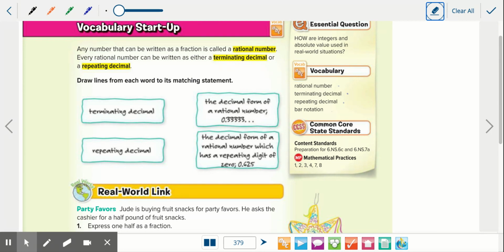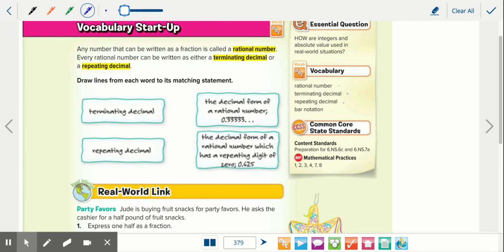What we haven't had so far this year is an answer that gives us a repeating decimal. So we want to start talking about how we can write repeating decimals using what's called bar notation. And so let's first review what is a repeating decimal and what is a terminating decimal.